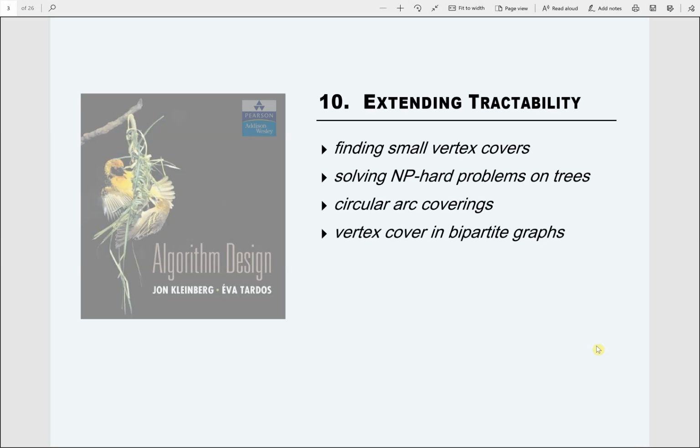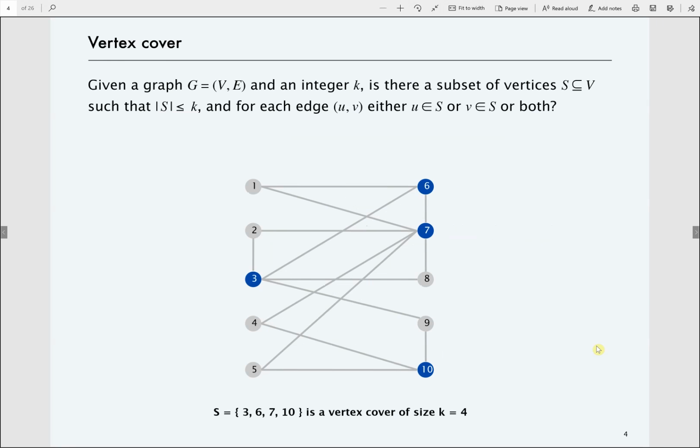We're going to look at a case of vertex cover which can be solved reasonably efficiently. Let's first recall what vertex cover is. We're given a graph G, and we're trying to find a subset of the vertices to cover the edges of the graph.